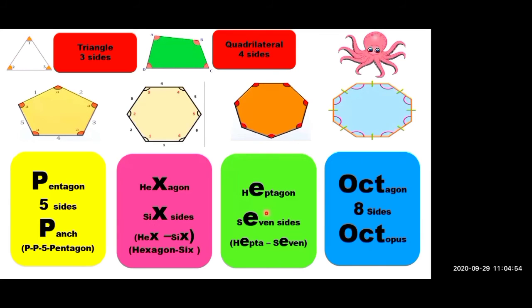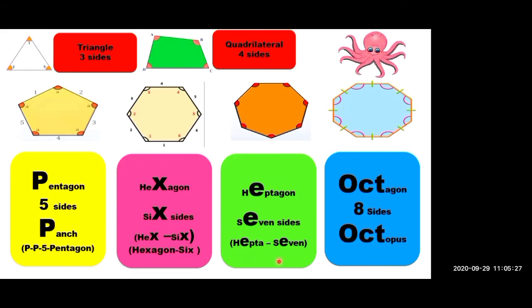Now, heptagon. Heptagon has how many sides? 7. Seven. And what is the spelling of heptagon? In heptagon, second letter is E, and in 7 also, second letter is E. So E, hepta 7.